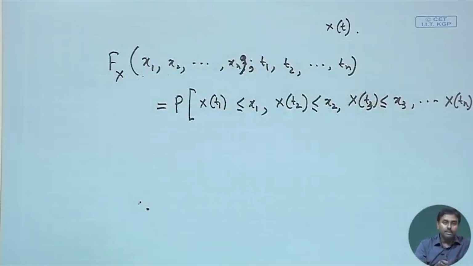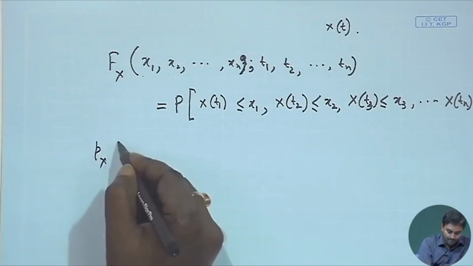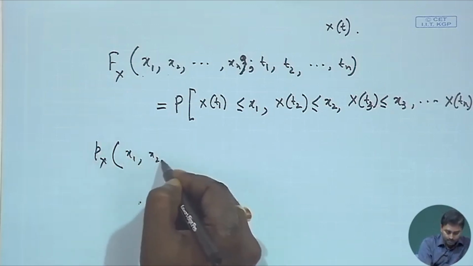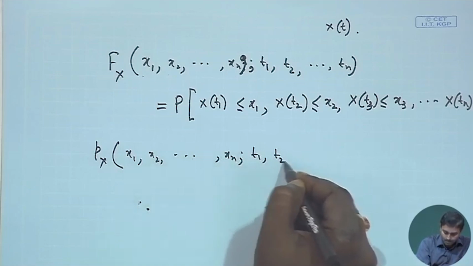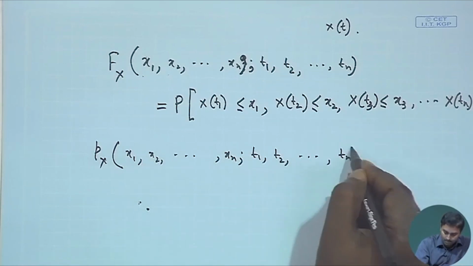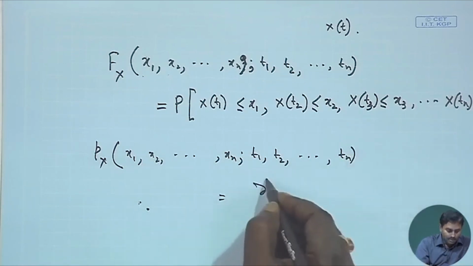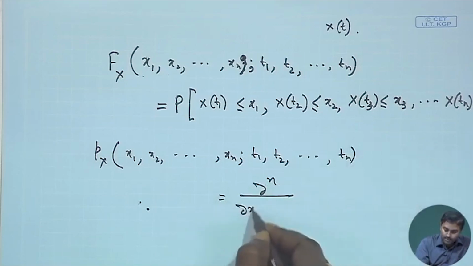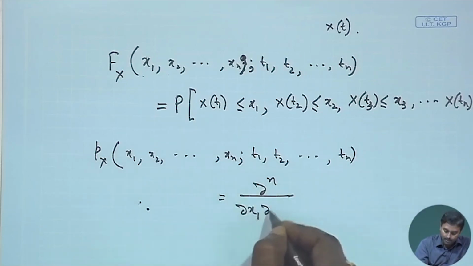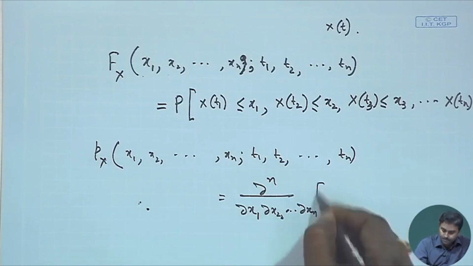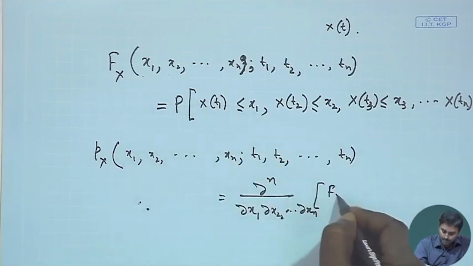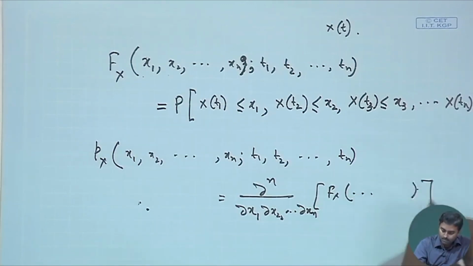And if you do an nth order differentiation, you will get the PDF. So, the PDF f_X of x1, x2 up to xn should be just the nth order differentiation of the CDF with respect to all these variables, dx1, dx2, and so on.